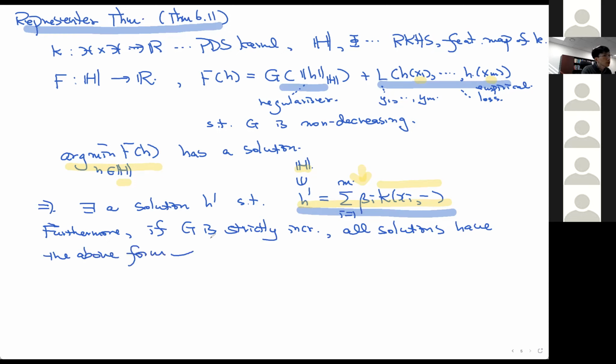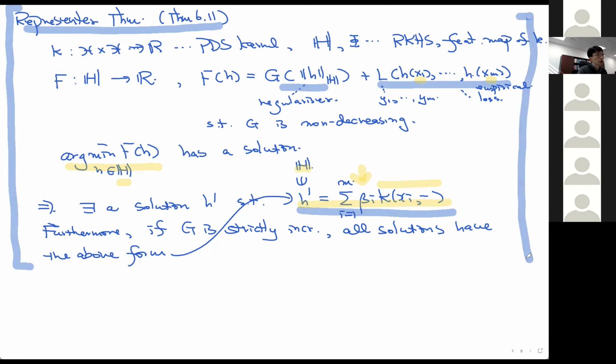So the above form, this guy. Okay. So that's the representer theorem. So now the question is how we can prove this theorem. The proof is actually quite easy. So I will only show the first part, the existence of H prime.